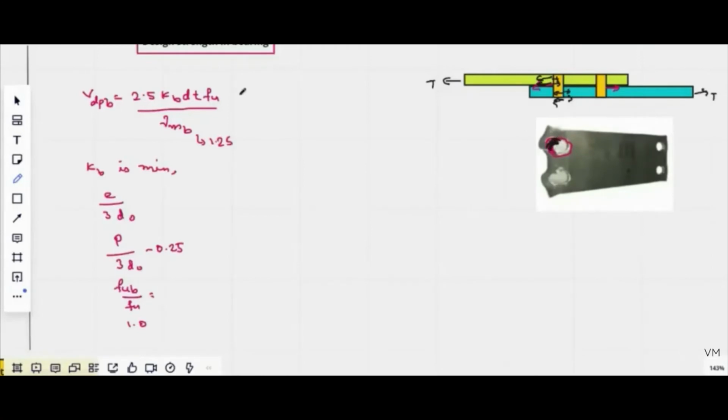Here Fu is Fu of the plate, because the plates will get deformed in this case. And what is the force acting here? Generally, this could be the diameter d with the thickness of the plate. Thickness here is measured in the direction of bearing.